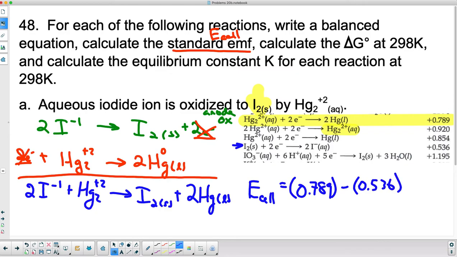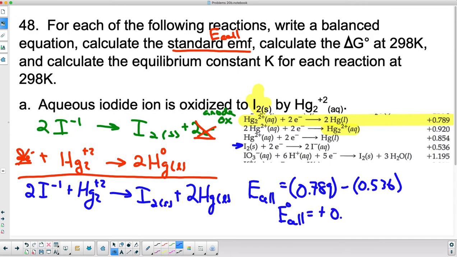I subtract the 2, and whatever I get when I subtract is the E cell for this reaction, and it should be standard. So let's just see what we get. I get 0.798 minus 0.536 equals 0.253 as my value.